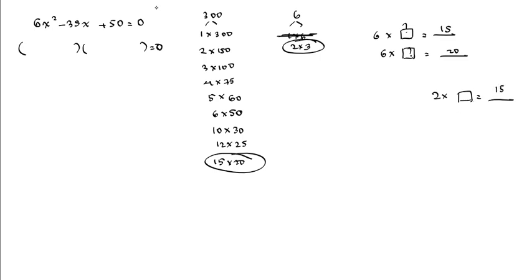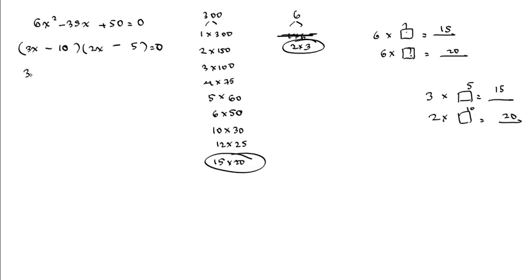No. But we can get the same thing by 3. So I will put 3 here. 3 multiplied by 5 will give me 15, and 2 multiplied by 10 will give me 20. So I'll put here 3x and 2x. 3x into 5, 2x into 10. Both should be minus.